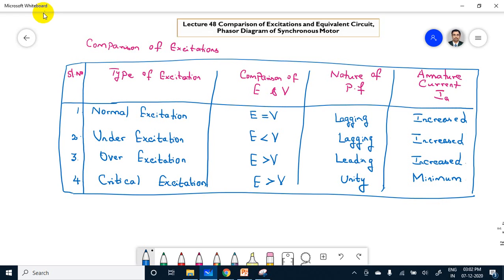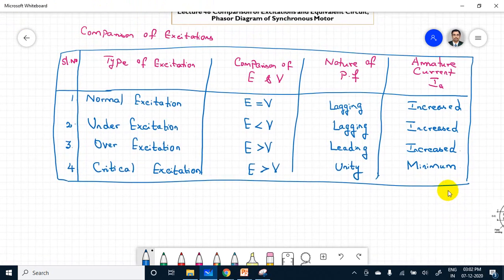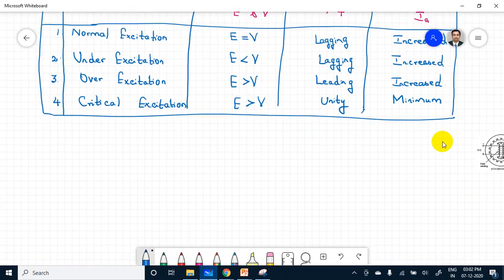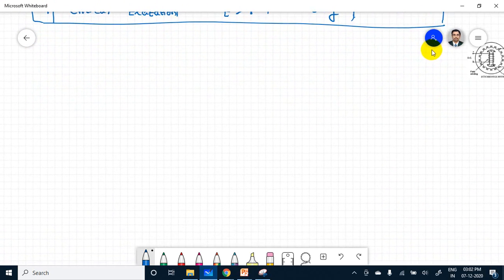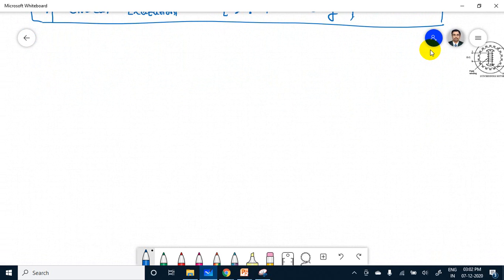Now the next topic, I'm going to explain how to draw the equivalent circuit of synchronous motor.